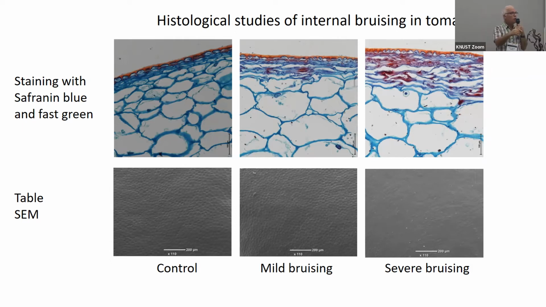What you can see in the panel below is SEM images of the tomato skin. So this tomato is intact. There is no bruising, but you can see that under severe bruising, the external structure of the cells is compromised.